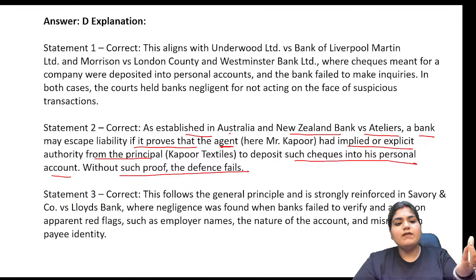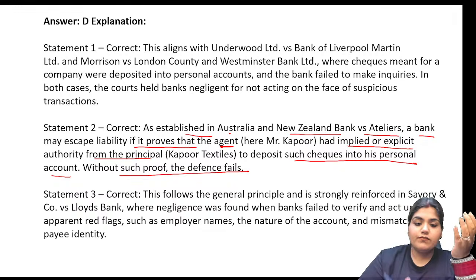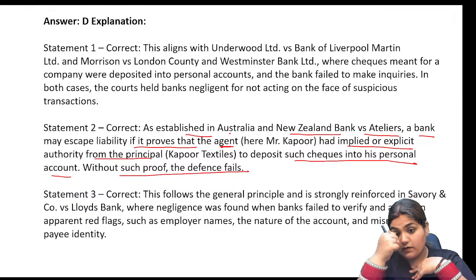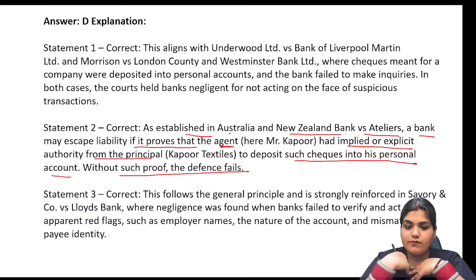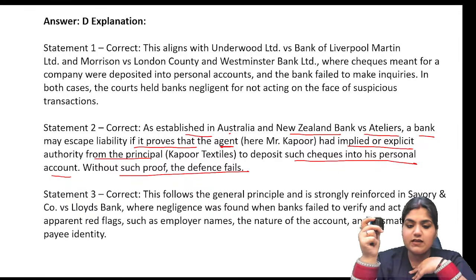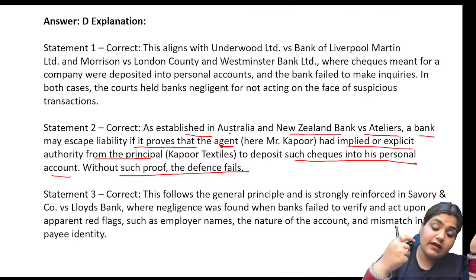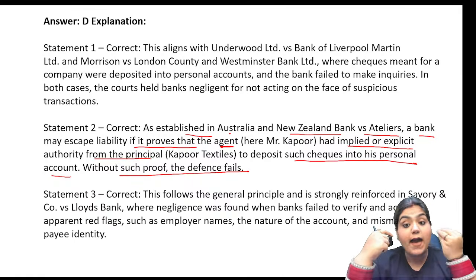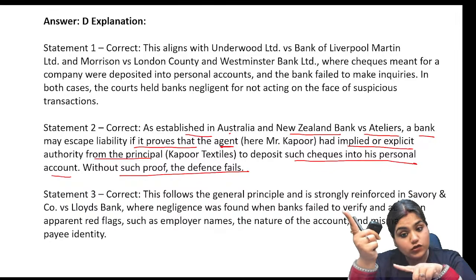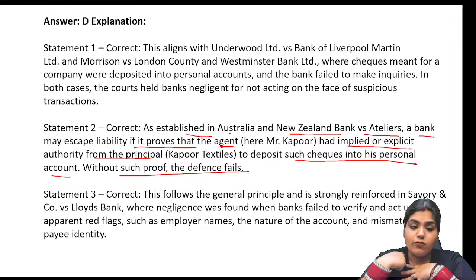Now, you will bring some defenses from somewhere. Suppose I'm Mr. Kapoor, and this is the company. The bank says that earlier Mr. Kapoor had authority.